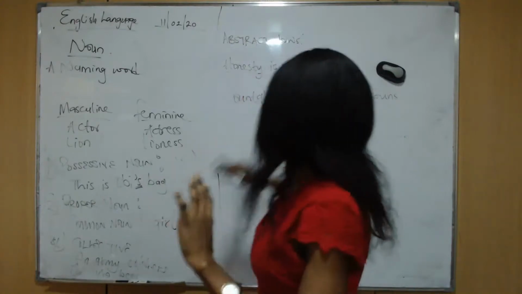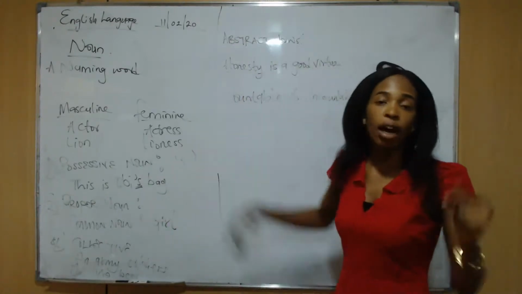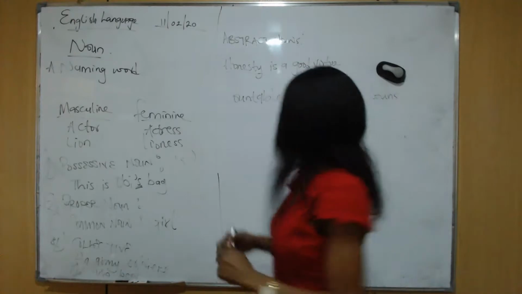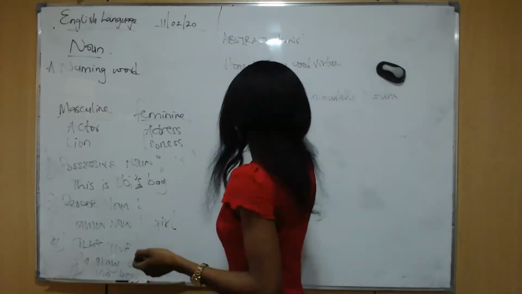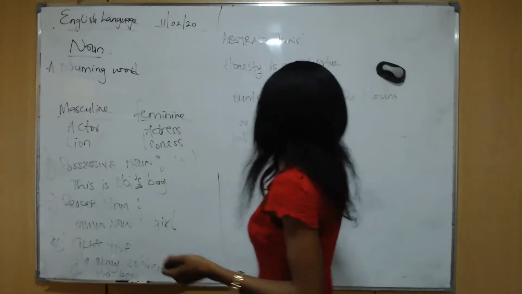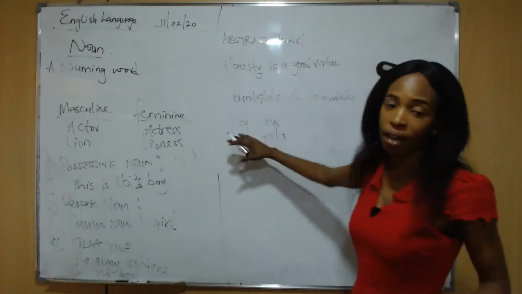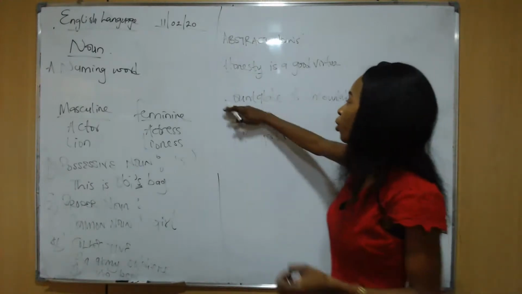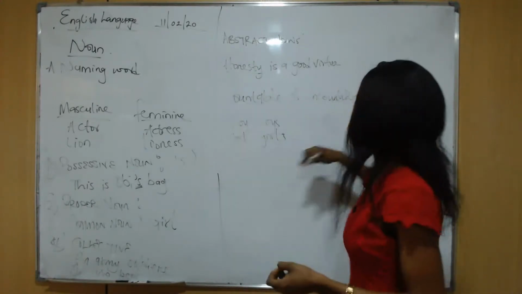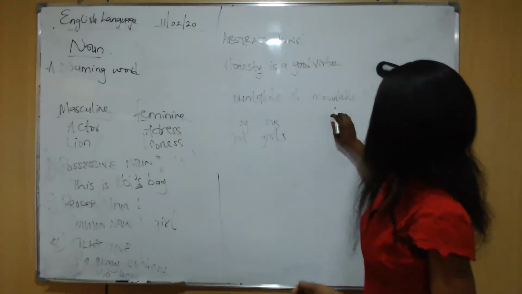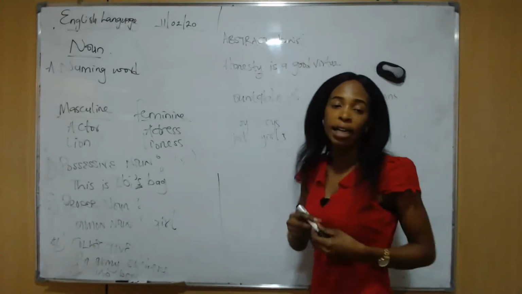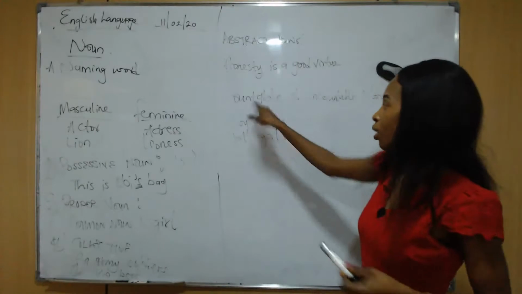They are nouns that can be assigned a singular or a plural form. For example, you can count the girls. There are so many things you can count. Anything that you can number, we call them what? Countable nouns. While the other counterpart is the uncountable nouns, the opposite of countable nouns.